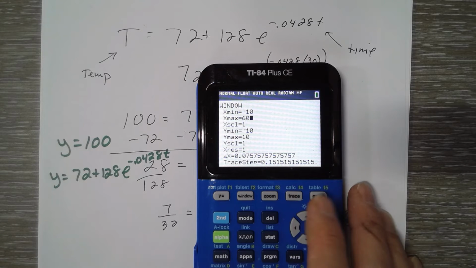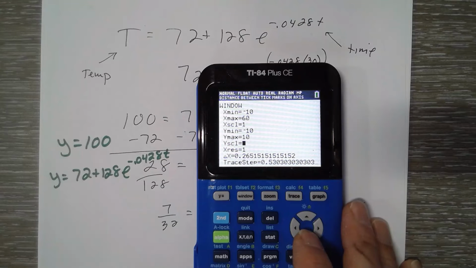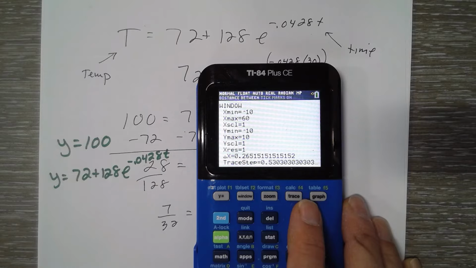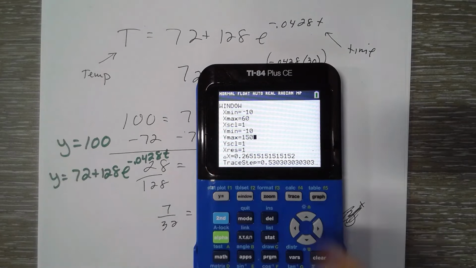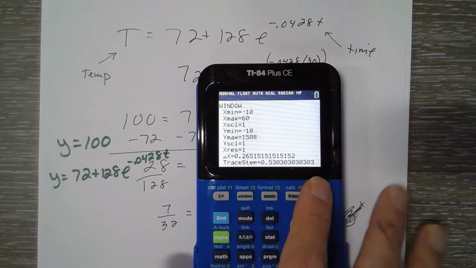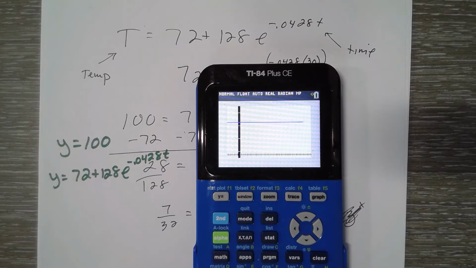Y max, we know they want to intersect at y equals 100, so maybe I'll do a y max of 150, and that might be enough to just look at. We know it started at 200. It's going down. We want to know when it's at 100. If I hit graph, without zooming out 5 times, just by changing the window, it's a lot easier to manipulate.